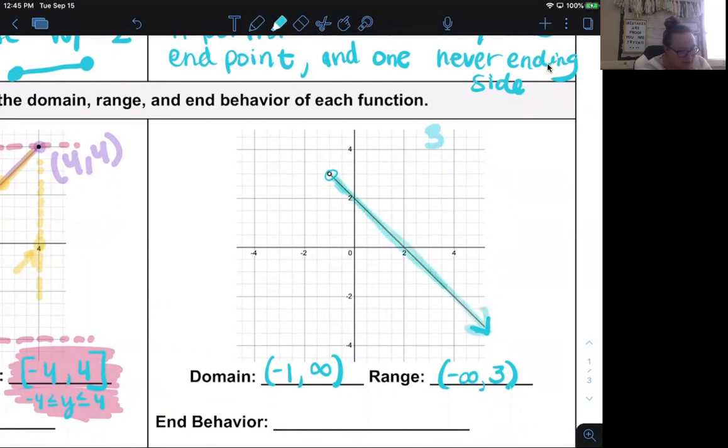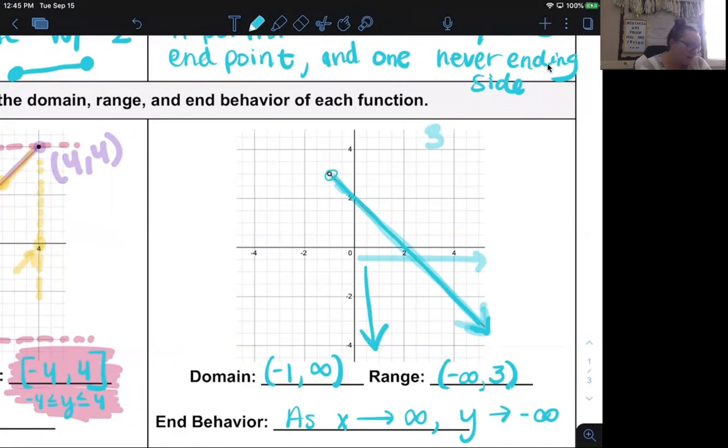And as the line heads to that bottom right-hand portion of the graph, our x values are increasing. So as x approaches infinity, y approaches, so our y's are headed in that negative infinity direction. Our y's approach negative infinity.